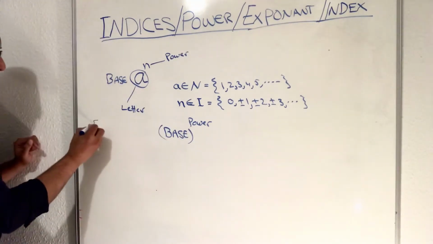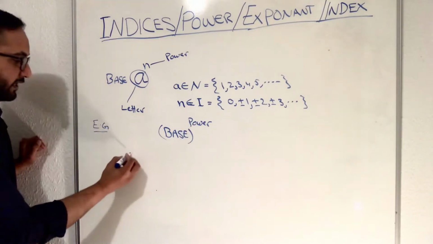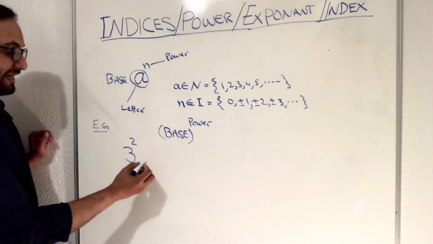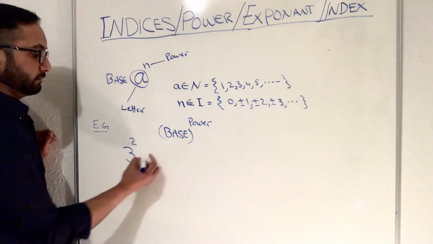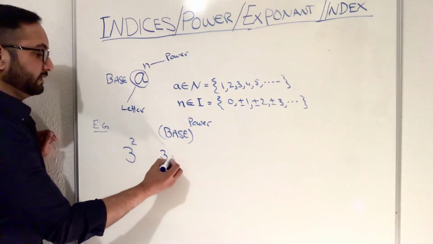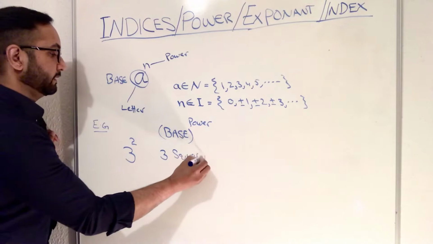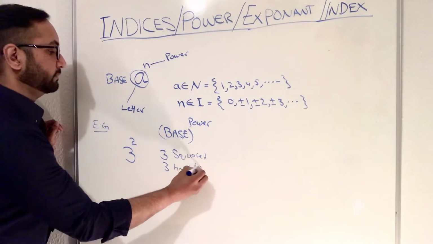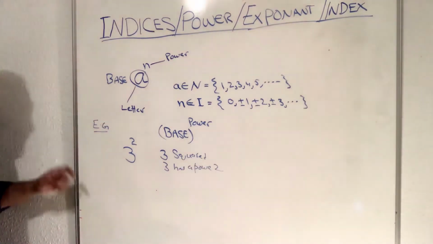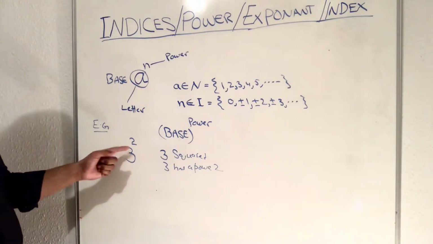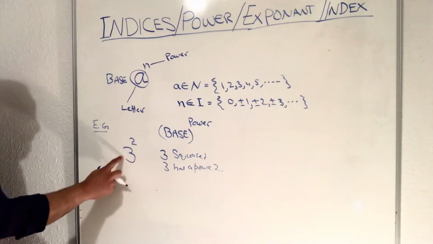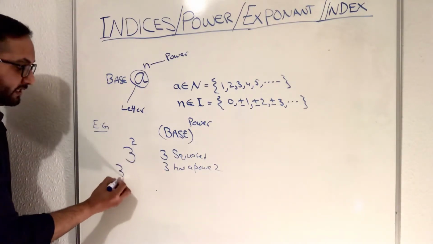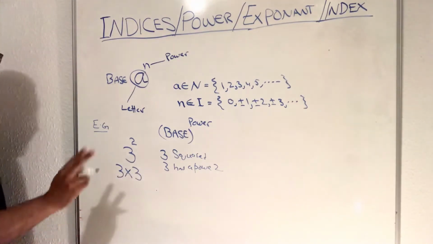If I write down an example here, 3 squared, we can say it in two ways: 3 squared, or 3 has a power 2. 3 has power 2 means square, so 3 is multiplied by itself 2 times.